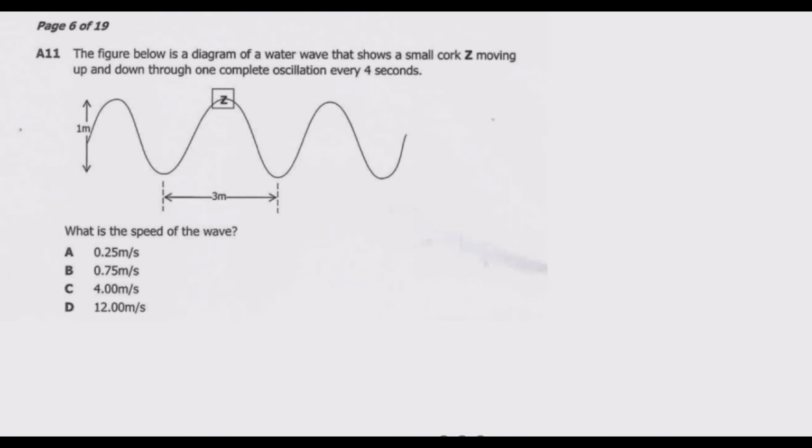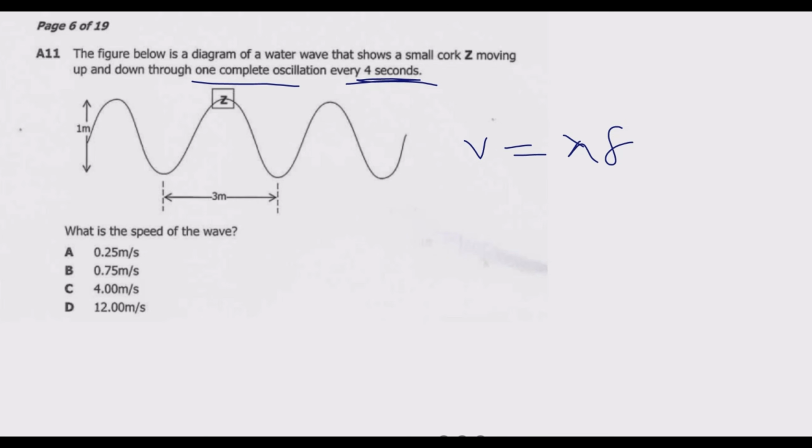Number 11, the figure below is a diagram of a water wave that shows a small cork Z moving up and down through one complete oscillation every 4 seconds. What is the speed of the wave? So we know that velocity is given by wavelength multiplied by frequency. Every 4 seconds, we are making one complete oscillation.